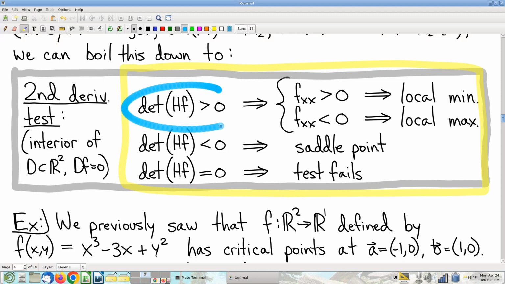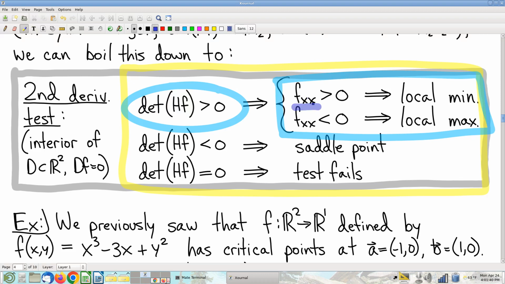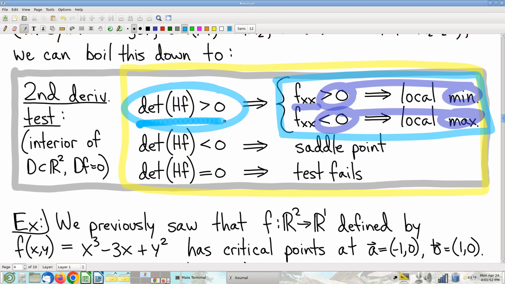If your Hessian determinant is positive, then in some sense it's all exactly as you would expect. The XX second partial positive means local min and negative means local max, just like in single variable. So a positive Hessian determinant means good news, everything's exactly like you would expect.